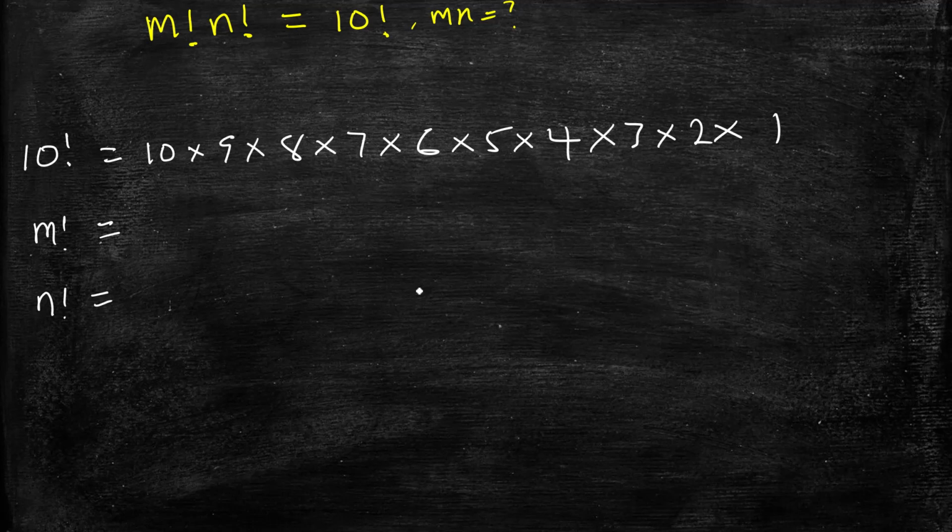Okay, so we want to distribute these numbers among m and n here. Now we know 1 times any number is that number, apart from 0.